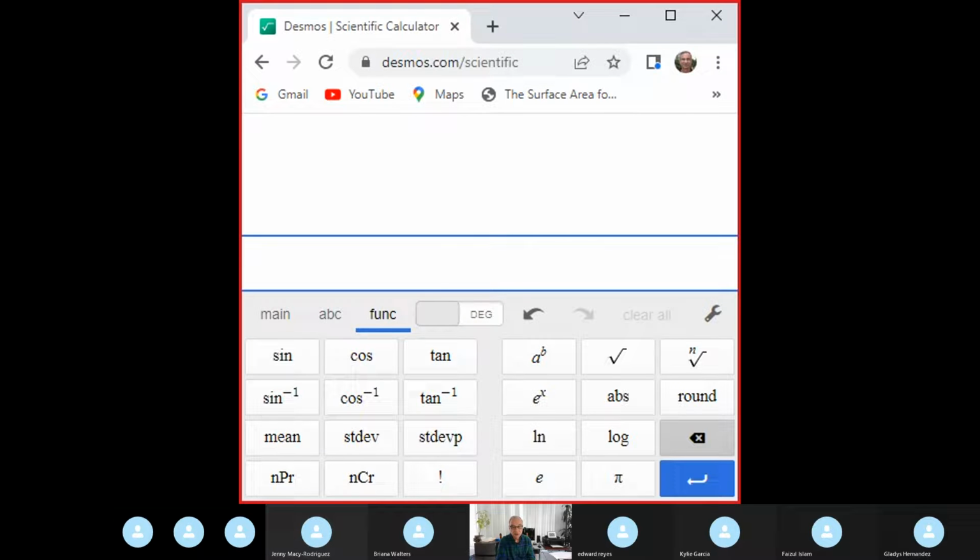Yes. Okay, and you see only the virtual calculator. Okay, I understand. And you see the whiteboard also, or only the calculator? Only the calculator. Okay. On my screen I see both, but no problem.